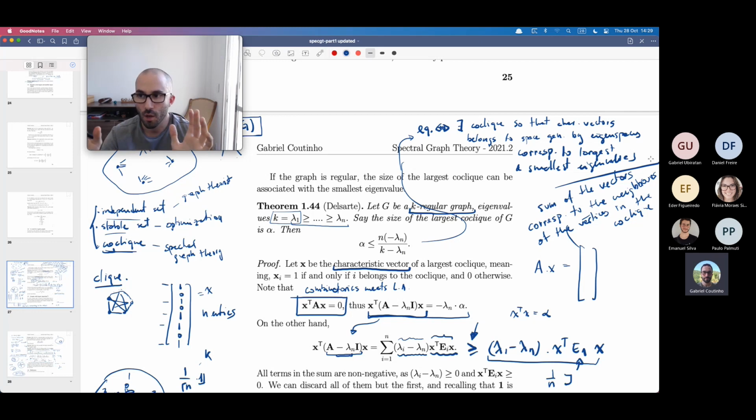So if there is a co-clique so that the characteristic vector of that co-clique belongs to the sum of the eigenspaces corresponding to the largest and the smallest eigenvalues, then the Delsarte bound holds with equality, and this is in fact typically referred to as a Delsarte co-clique.